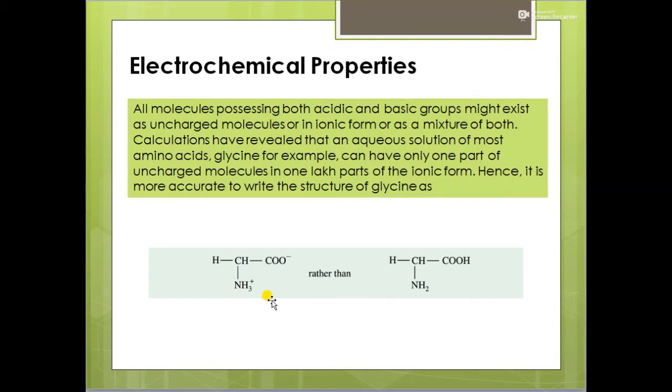So even though we write all the amino acids as COOH and NH2 in their chemical formula, in aqueous solutions most of them prefer to occur in the charged or ionic form.